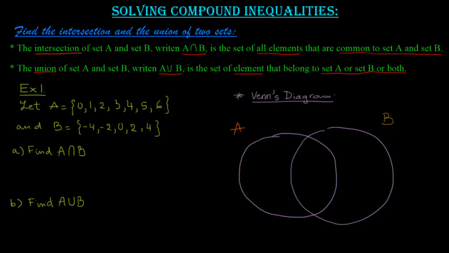My next step is to find the common terms in both of them. We have 0 in A and 0 also in B, so I'm going to circle this. 0 is the common term.